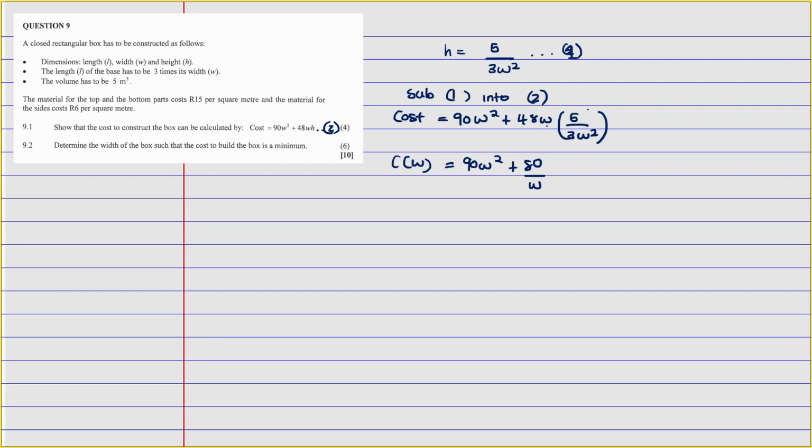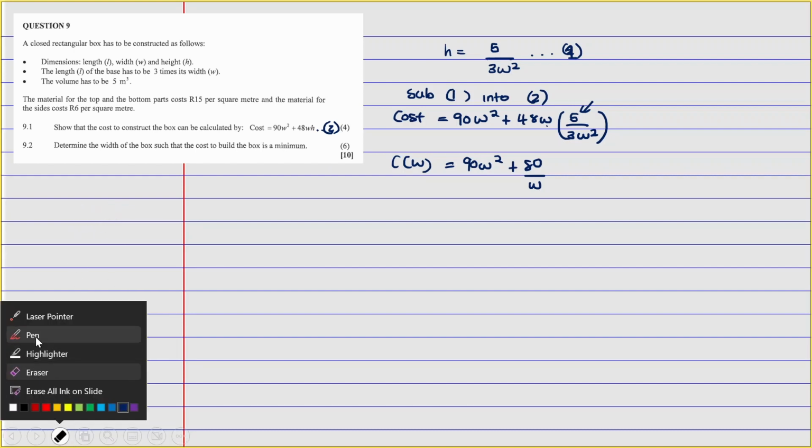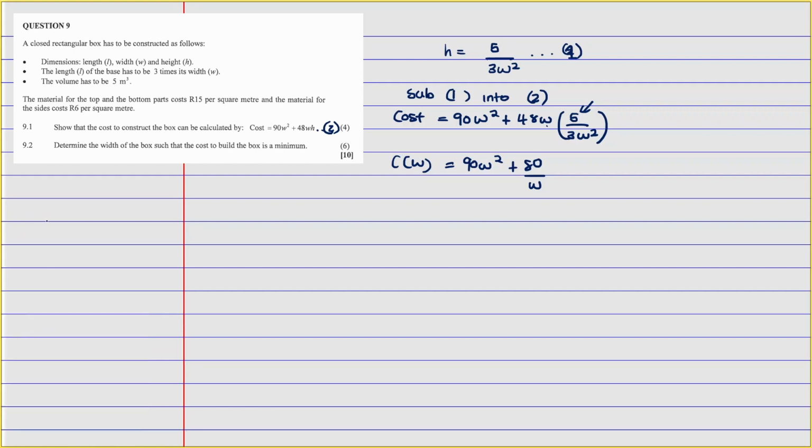Are you okay with how I simplified this? Let me just do it on the side, right? So what we have there is 48, right? W, right?